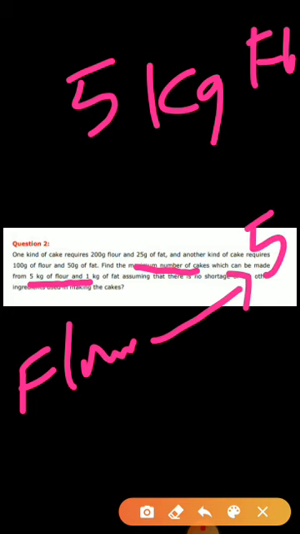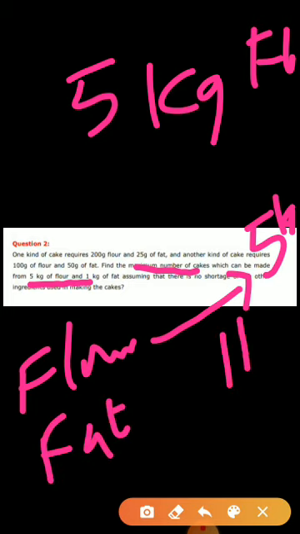That means we have maximum 5 kg of what? It is flour. So in front of flour, maximum, I have 5 kg. And the next is for fat. We have maximum 1 kg availability.